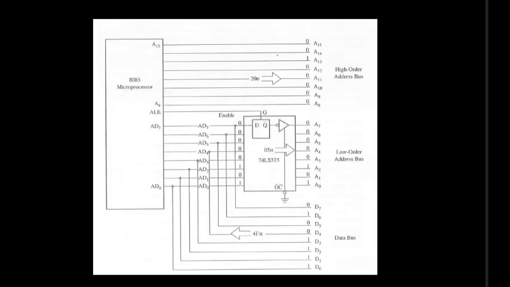So when this is 1, the latch becomes transparent, so whatever we give it is available at the output. Once we make this 0, the latch holds the previous data. Now whatever we give, it won't go through this particular latch.